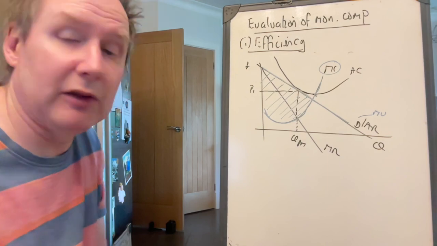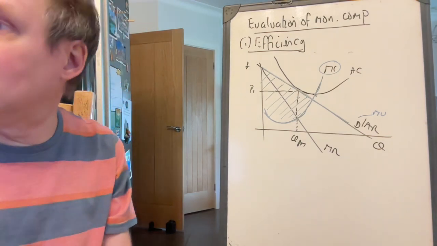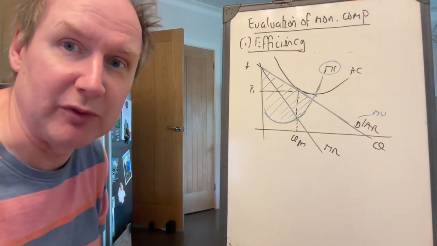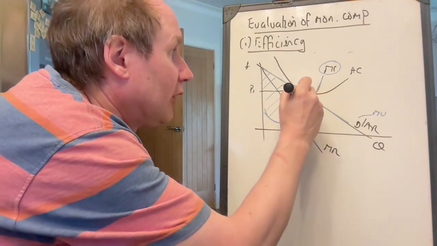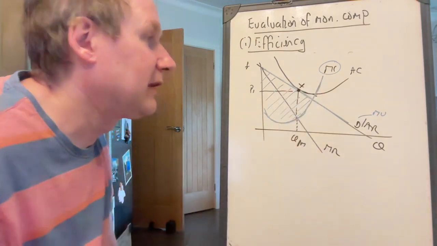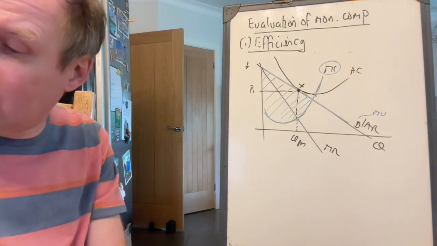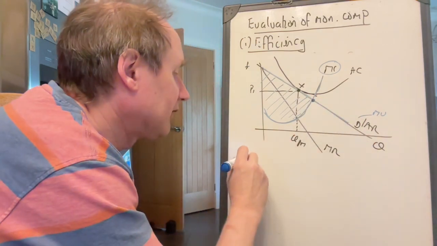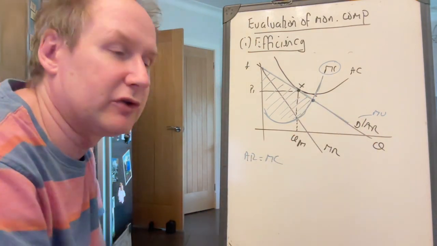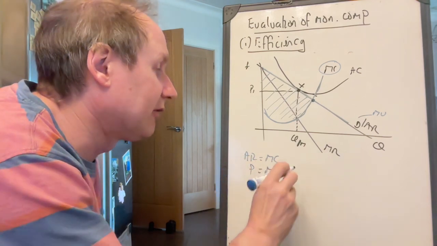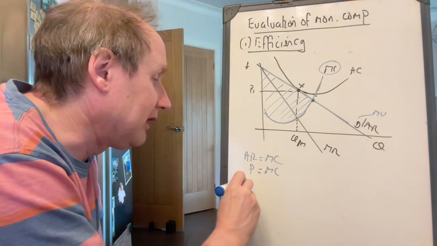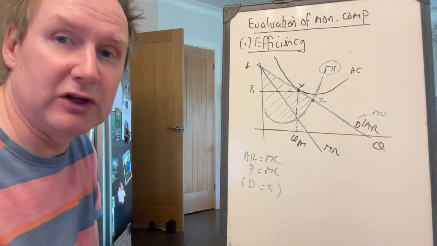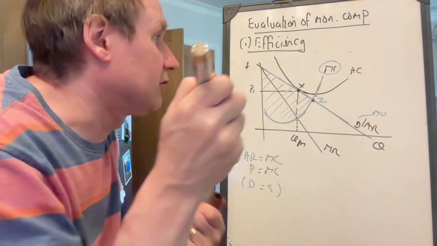But we don't. The firm has price setting power. It drives up price and reduces output below the level that we would have seen if it had been perfect competition. So the firm, as we said, operates at X, but the allocatively efficient output is there, where AR equals MC, and saying price equals MC is the equivalent of demand equals supply in perfect competition. As a result, we don't get all the welfare that we would otherwise have got.